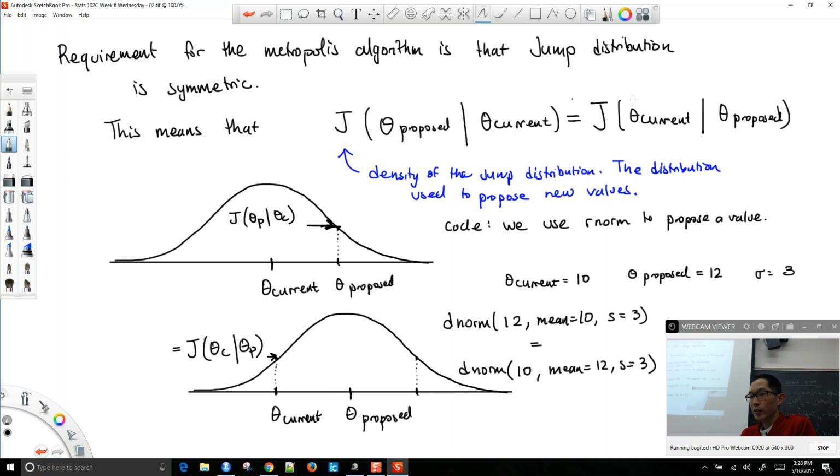So this is a requirement for the Metropolis algorithm. The normal distribution works out nicely as a jump or proposal distribution for it.